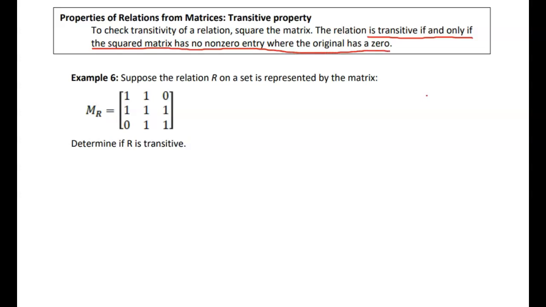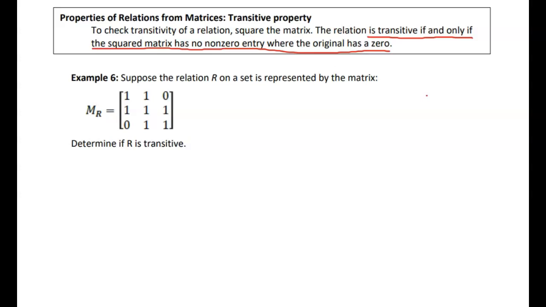Basically, if the original has a zero to start with, then it also has to have a zero when you square it in order for it to have the transitive property.